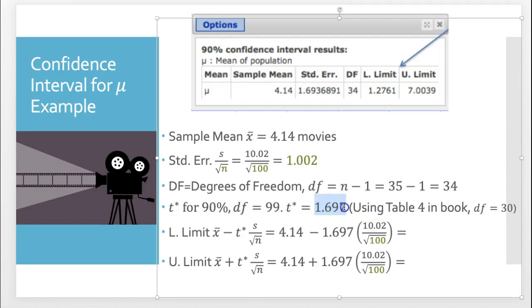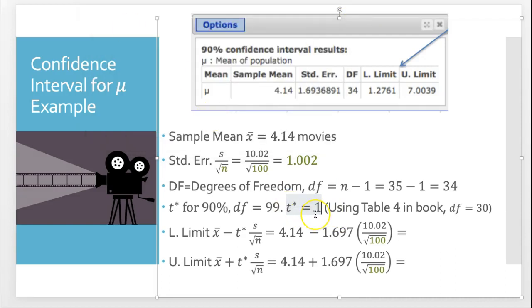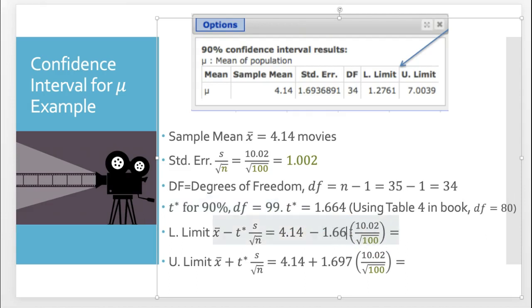So t-star here, if we're using the book, unfortunately it doesn't have it, so the next one below it is 1.664. This is using the book, which is horrible. We should just use StatCrunch, which gives us 99 here. So what else would change is this value here, 1.664.